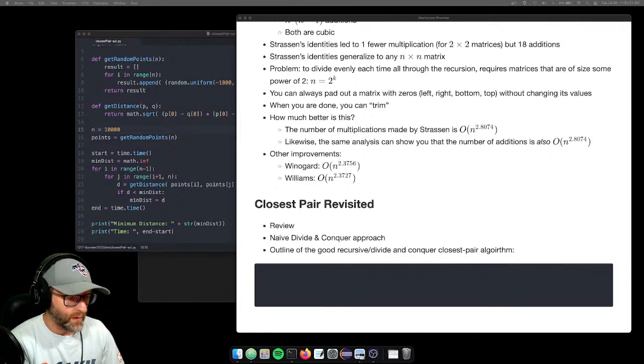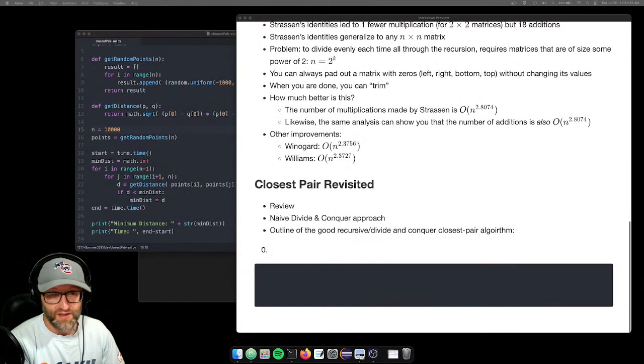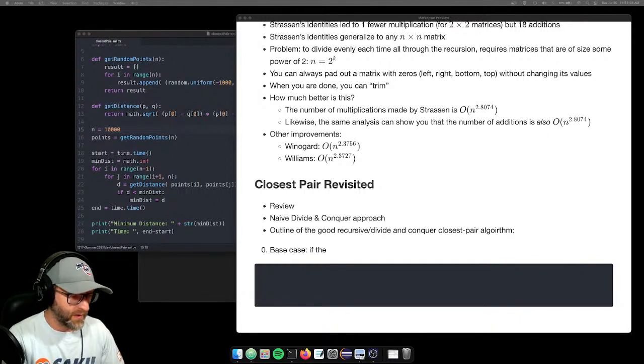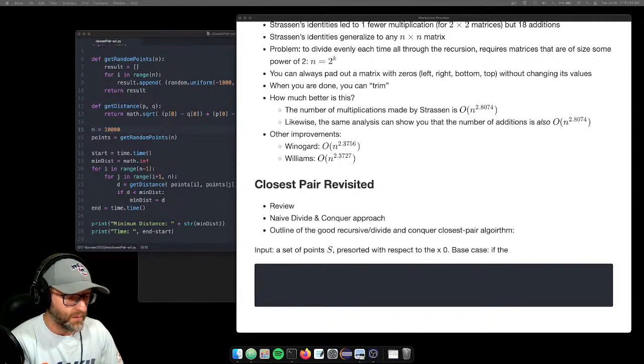All right, so as a step 0, I like to start at 0. Here's our base case. Let's identify the input here first. The input is going to be a set of points S, pre-sorted with respect to the x coordinate.